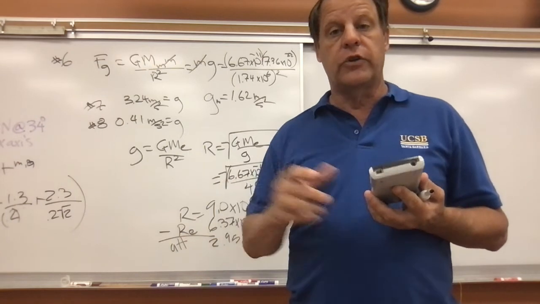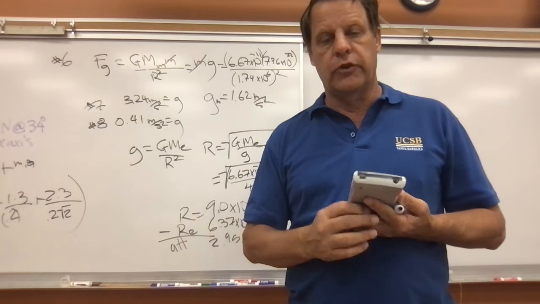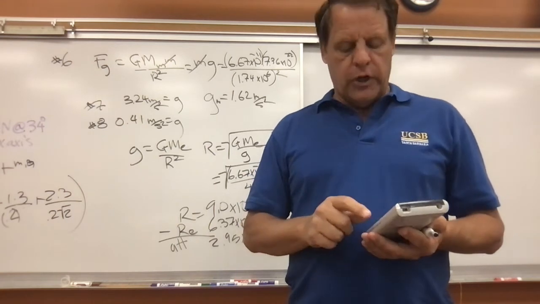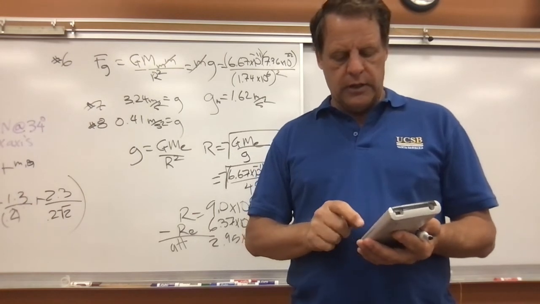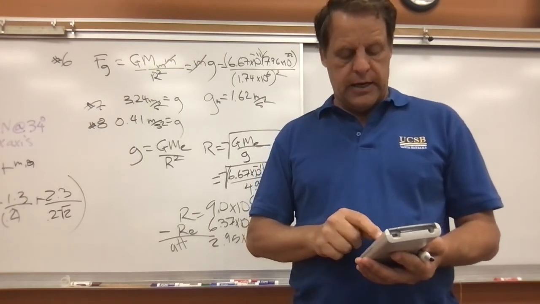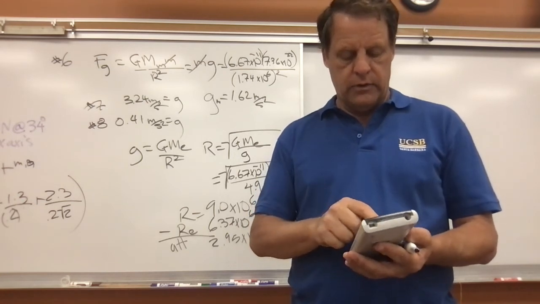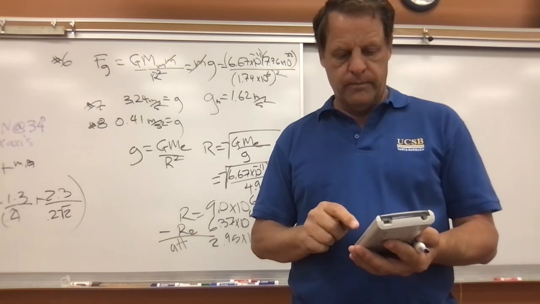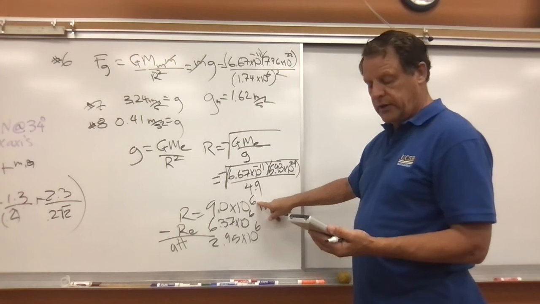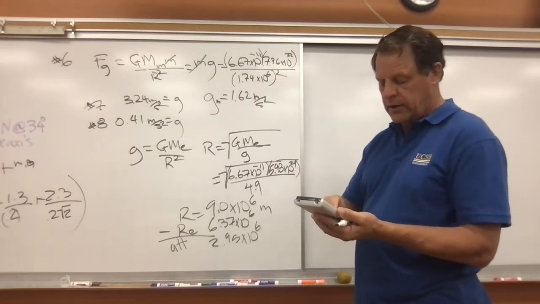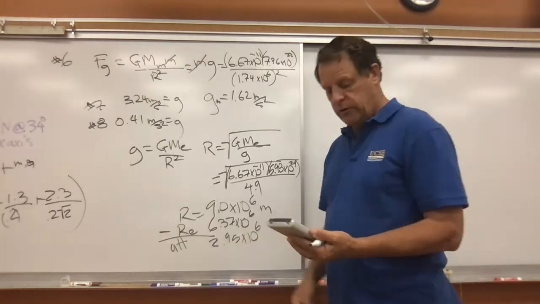So essentially the radius is going to go up by the square root of 2. So if we take 6.37 and multiply it times the square root of 2, we're going to get our 9 times 10 to the 6th, and then we can subtract our 6.37, and we're going to get our answer there.